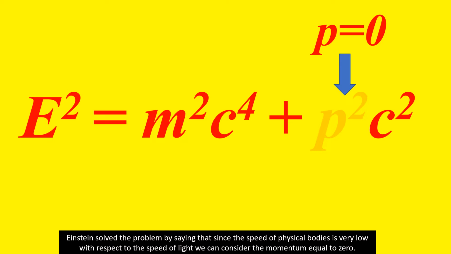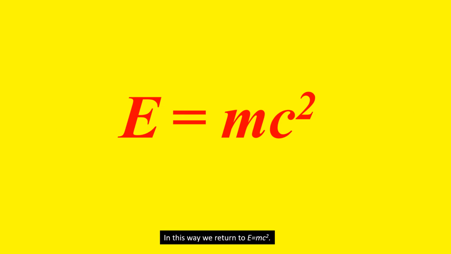Einstein solved the problem by saying that since the speed of physical bodies is very low with respect to the speed of light, we can consider the momentum equal to 0. In this way, we return to E equal mc squared.